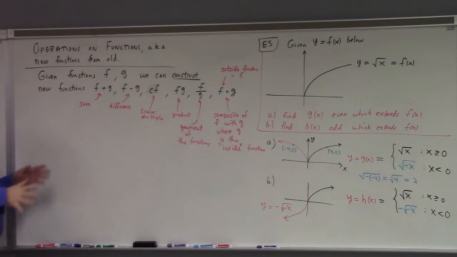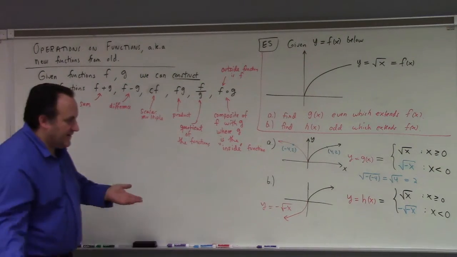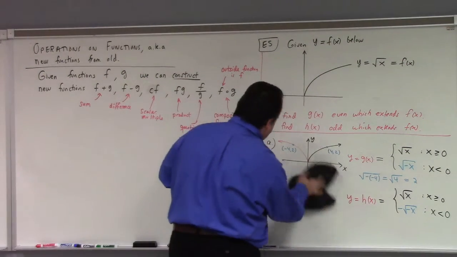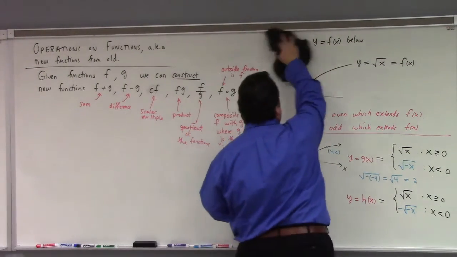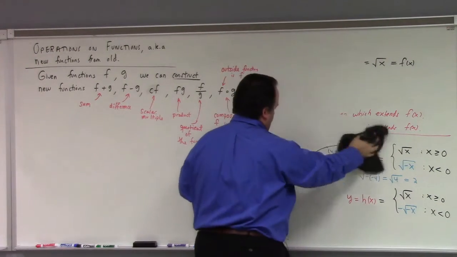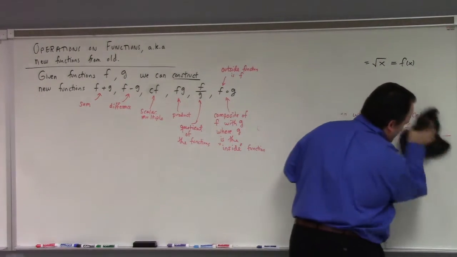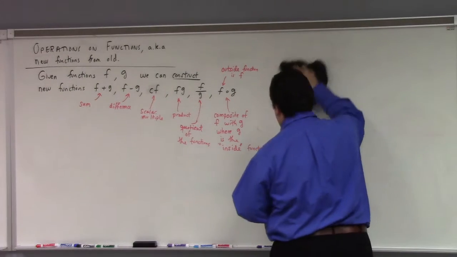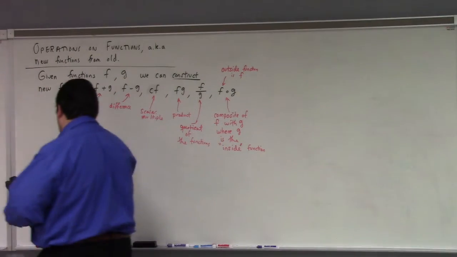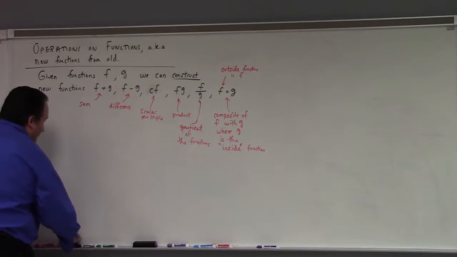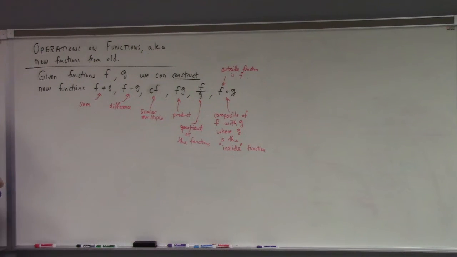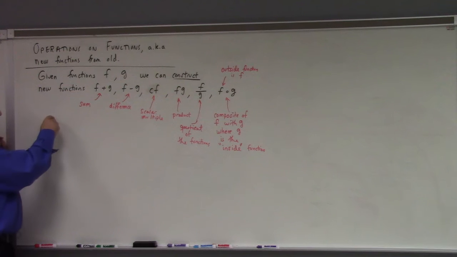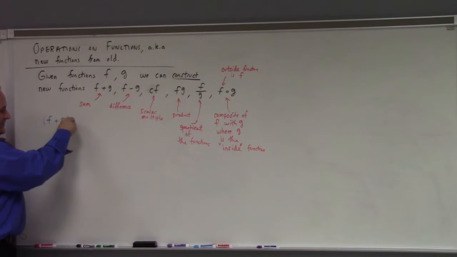Now, up till now, I'm just name calling. I'm just giving them names, right? How do we actually define these things? Let's do it. It's pretty simple. We define it in terms of a formula. If I have f plus g, and I evaluate it at x, how do you define that?